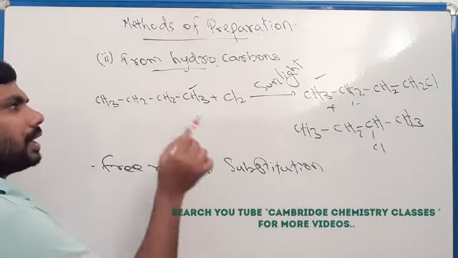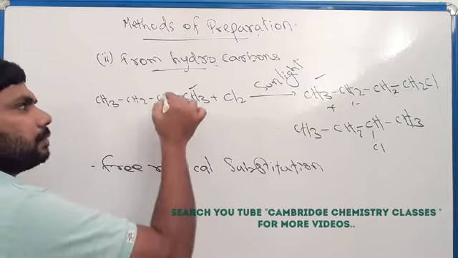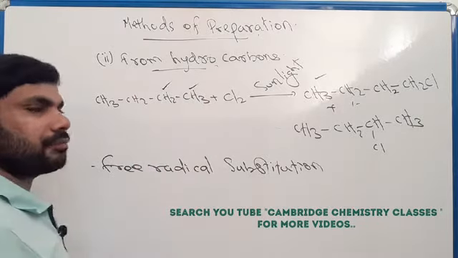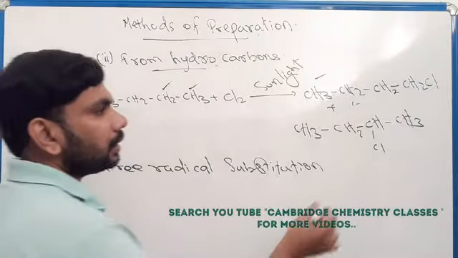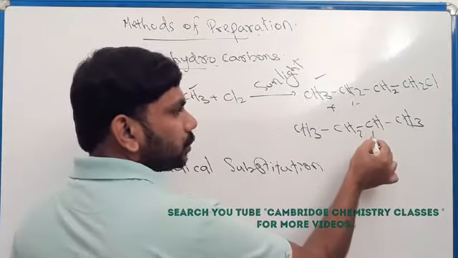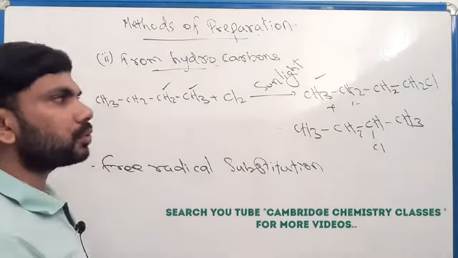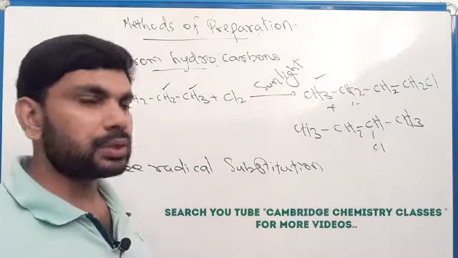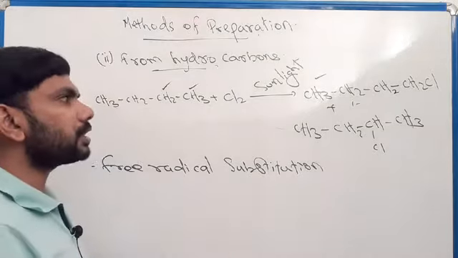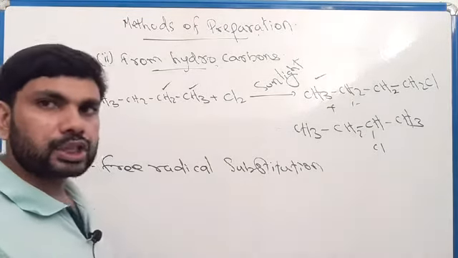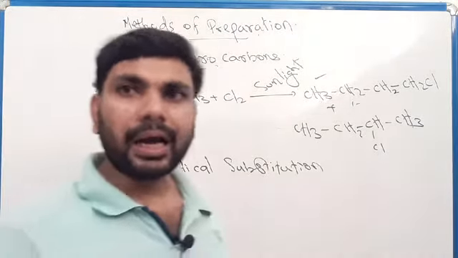And another possibility, hydrogen replaced from the second carbon, then the halogen substitutes over here. So this is 2-chlorobutane. So 1-chlorobutane and 2-chlorobutane is a mixture of products. This is one example for production of alkyl halide from hydrocarbon.